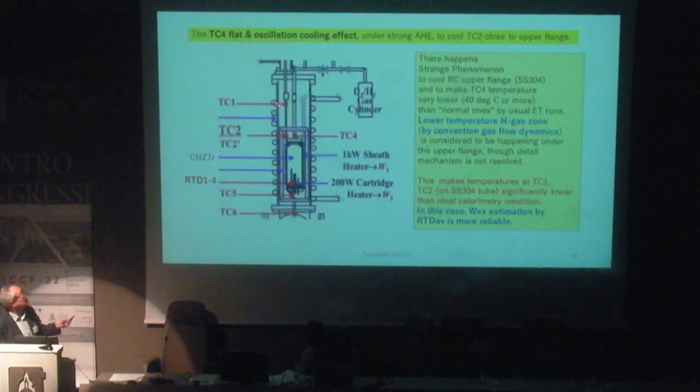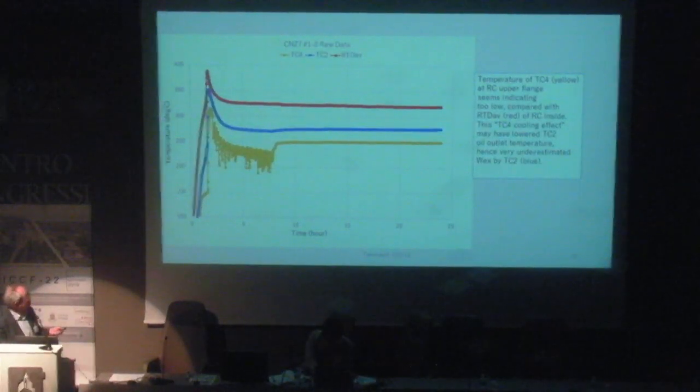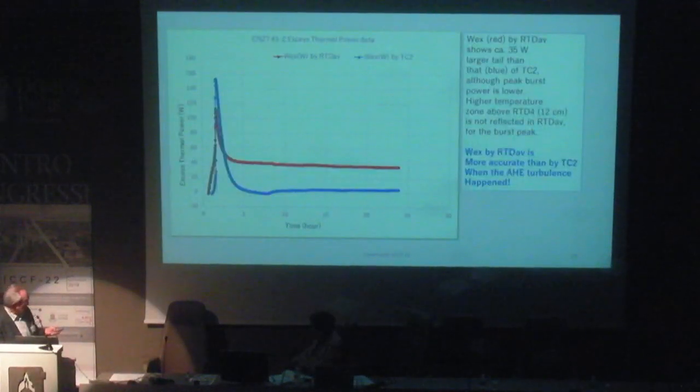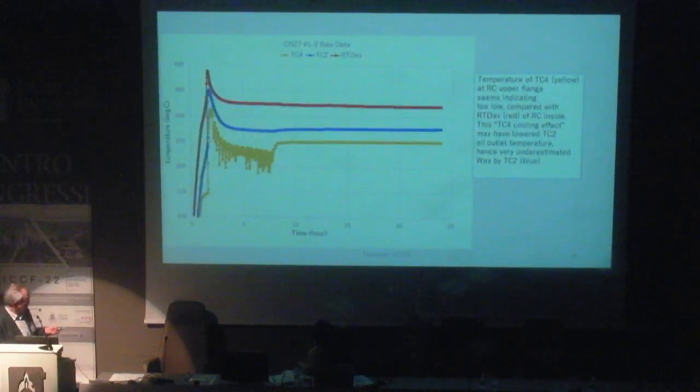In that sense, this temperature monitor around TC1 is better to use than this point. However, we still have a disturbance. We have to be very, very careful about this. And from such knowledge, we understand now why this kind of fluctuation happened.